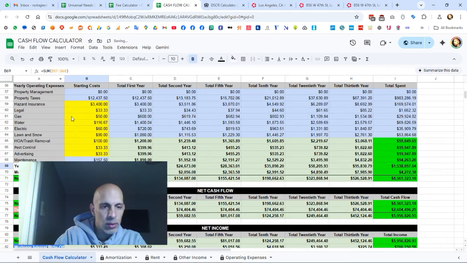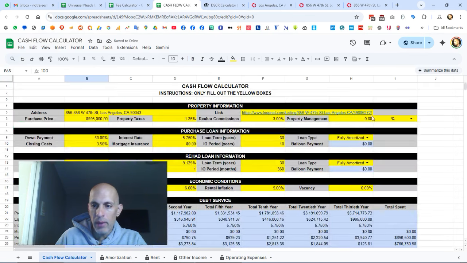A little bit too low. 1.275. There we go. And so we're going to put lawn and snow at 0. Now that we have that, we can increase this to property management, vacancy 8%.